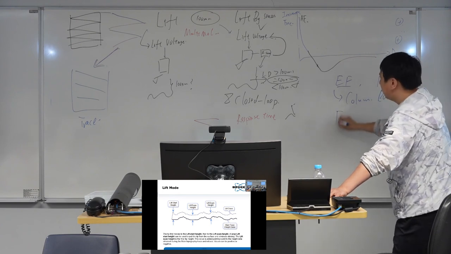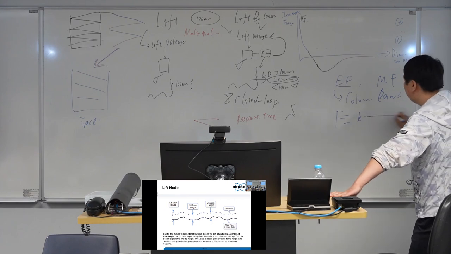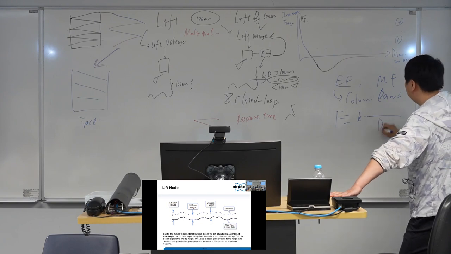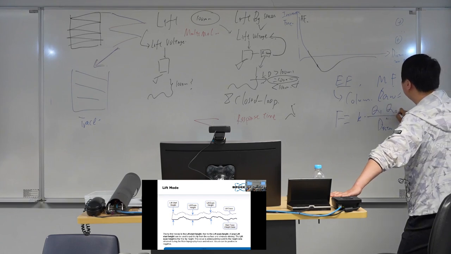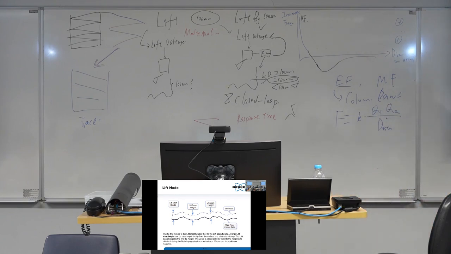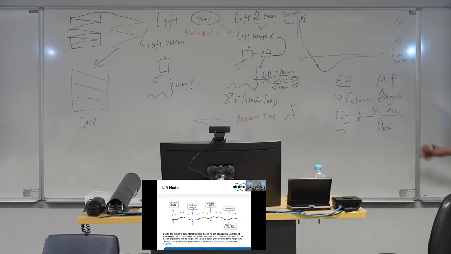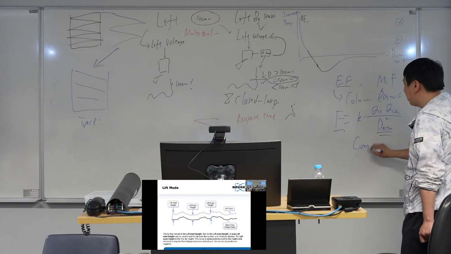The force is equal to a constant, times quantity one and quantity two, over distance squared. That's Coulomb's law. So the electric field force is proportional to the distance to the negative square. So we can tell this kind of force is a long range force.